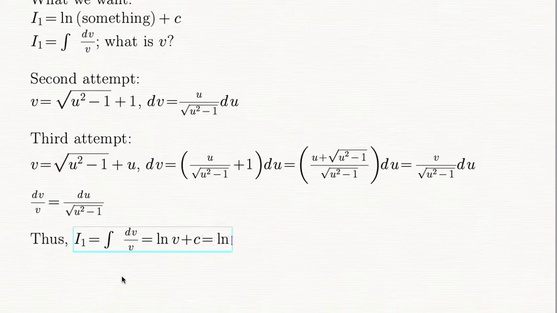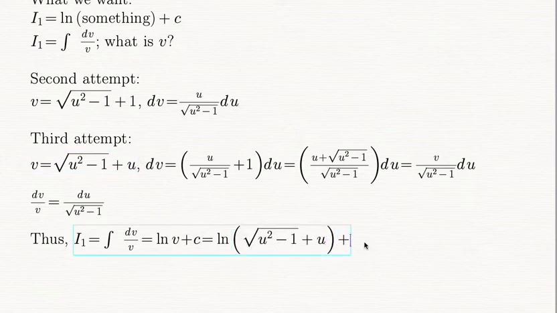So therefore this is equal to ln of, let me put that in brackets, ln of square root u squared minus 1 plus u plus the arbitrary constant c. And that's our solution.